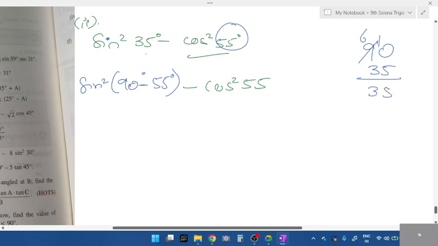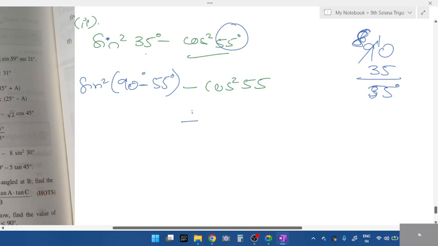Sorry, 90 minus 55. So this 55 you can write. So mathematically it is correct, right? 90 minus 55 you're getting 35.